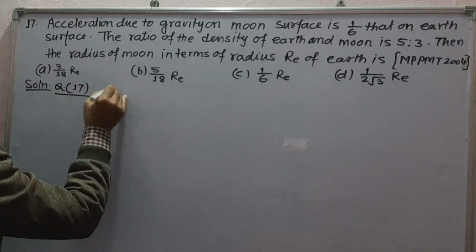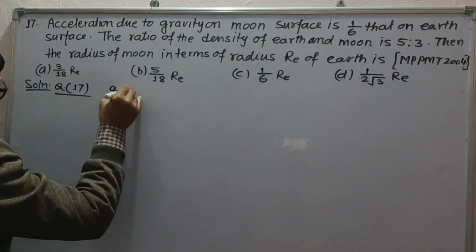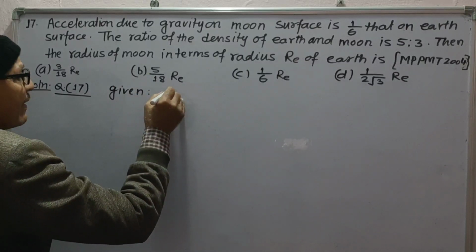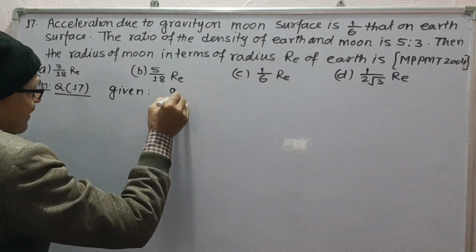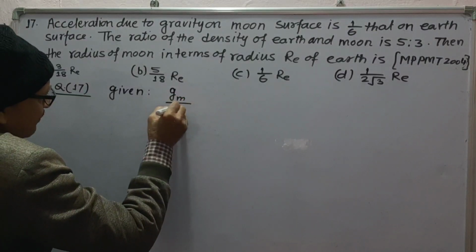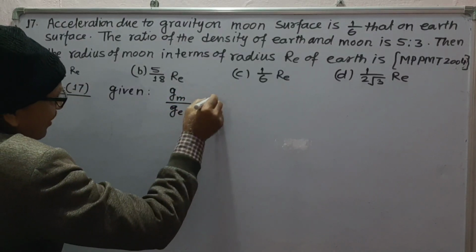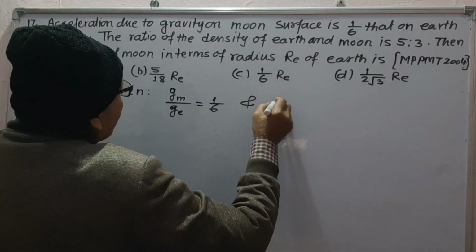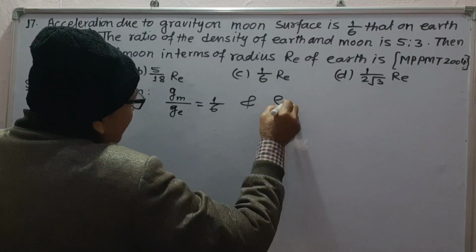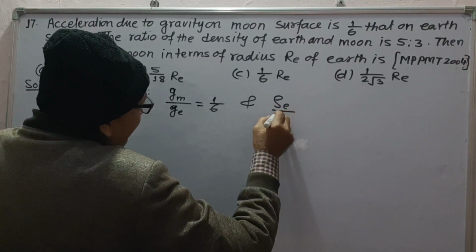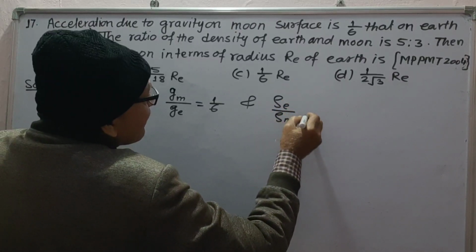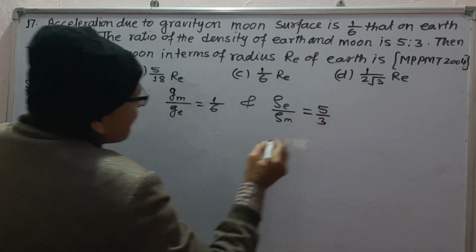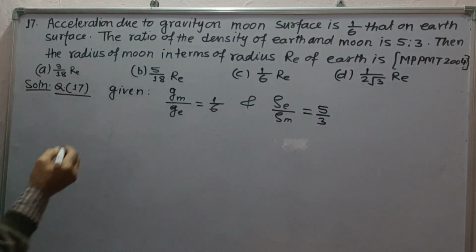Here given G moon upon G earth is 1/6, and density of earth upon density of moon is in the ratio 5:3. Then we have to find the radius.